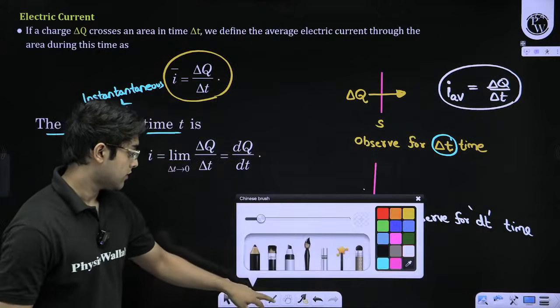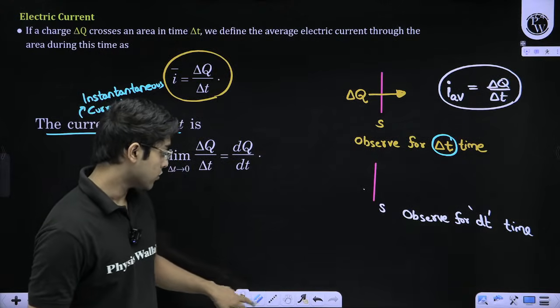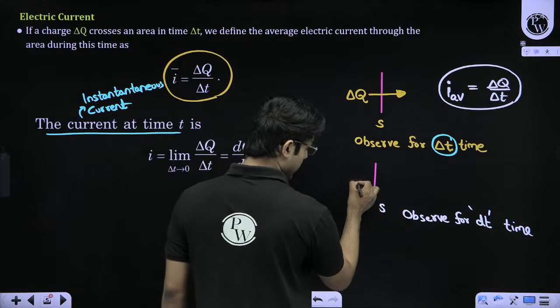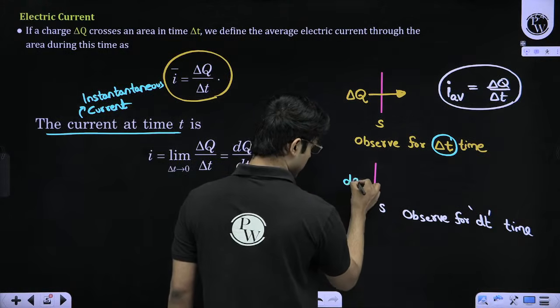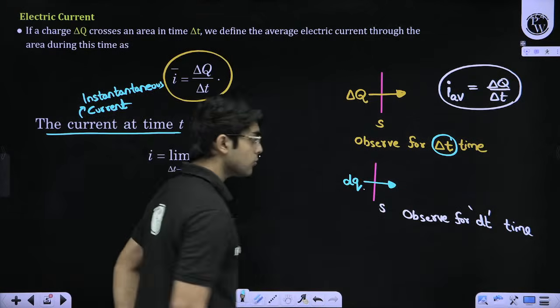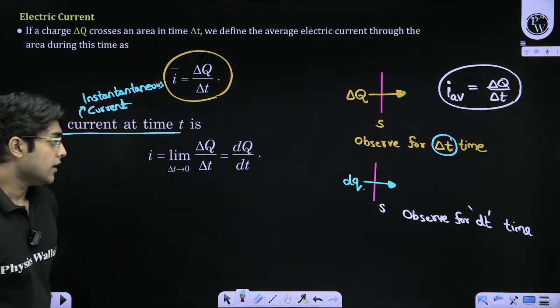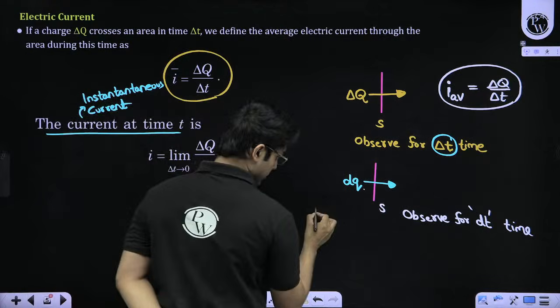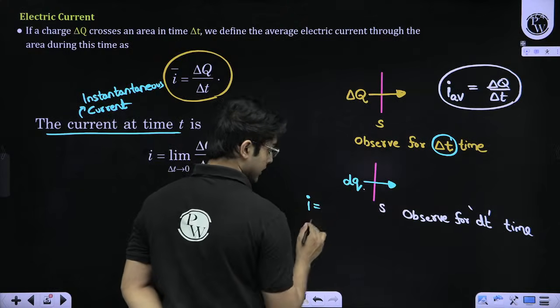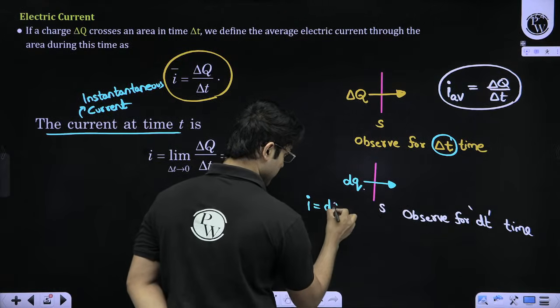In this time, of course, the charge that cuts through S will be a very small charge, a small charge of dq. Then the instantaneous current, which means the current exactly at this instant, is dq by dt.